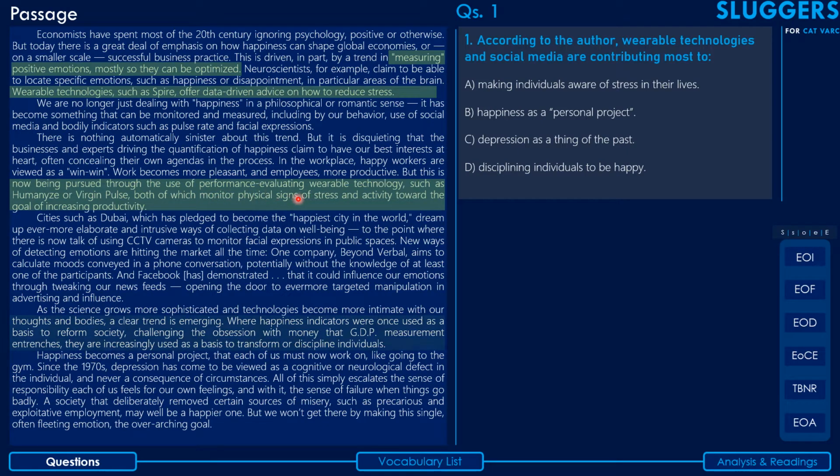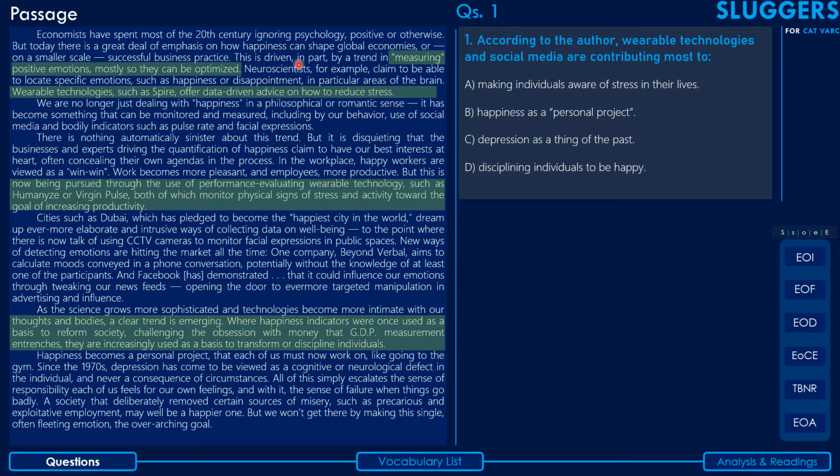Finally, the last point of reference says that as the science grows more sophisticated and technologies become more intimate, meaning he's indirectly talking about wearable technologies in a more generic sense, a clear trend is emerging where happiness indicators are increasingly being used as a basis to transform or discipline individuals. So again, optimizing for productivity by disciplining individuals on the basis of happiness indicators.